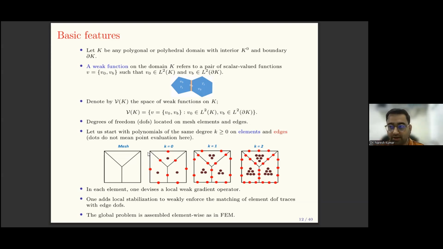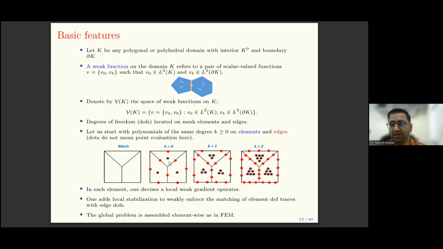Then we have to define the degrees of freedom inside the mesh elements and on the edges separately. Here the red dots denote the degrees of freedom on the edges, and the green dots represent the degrees of freedom inside the elements. Suppose if you take k equal to 0, then we only have the constant polynomial.